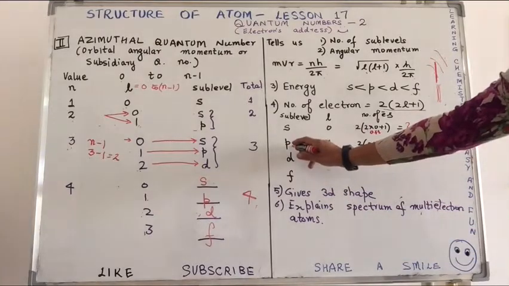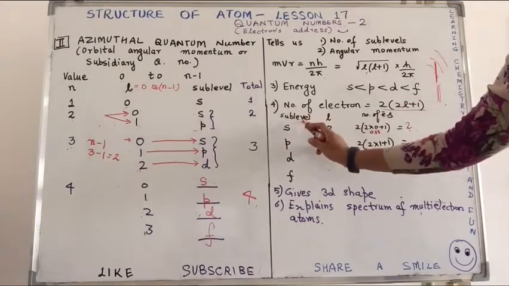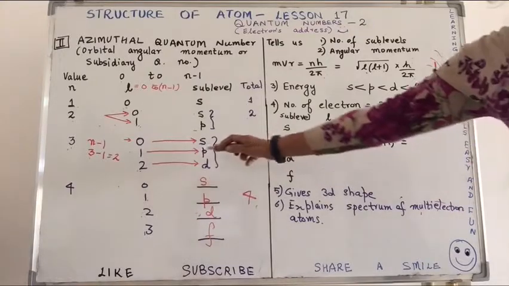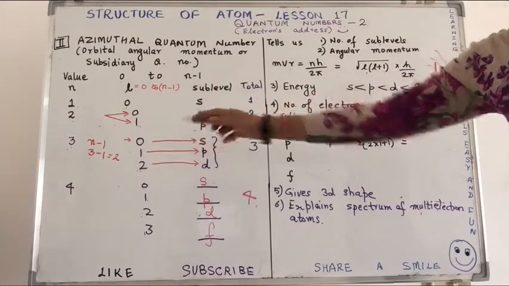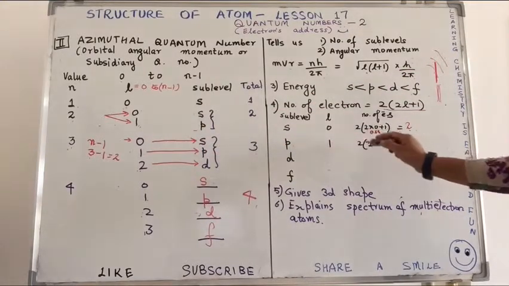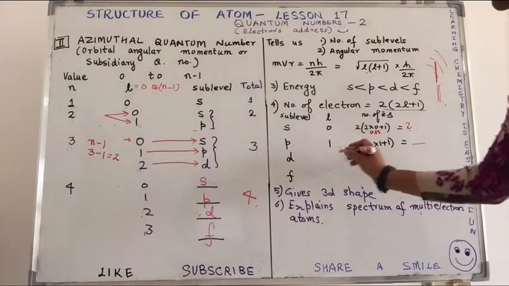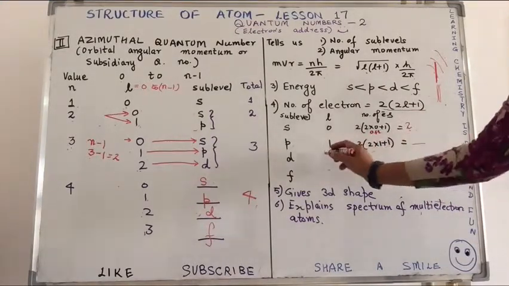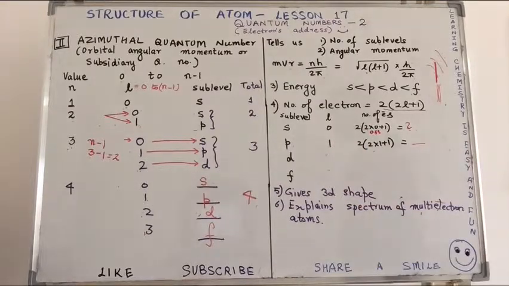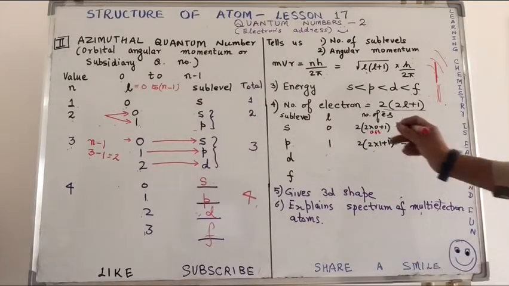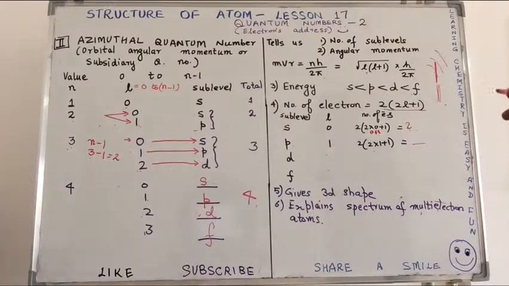Come to P. When you're talking about the P sublevel, what is the corresponding value of L? 1. Can you calculate the number of electrons over here and give me the value? Go ahead, pause the video, calculate. Calculate also the number of electrons for the D and the F sublevel. I will give you the answer, but first I want you to pause the video, find out the answer.